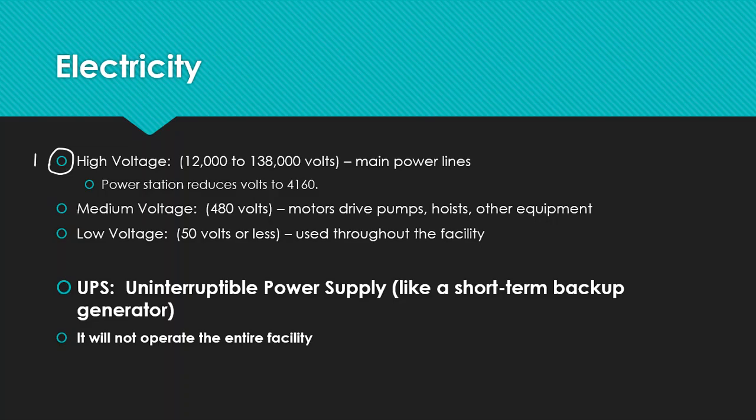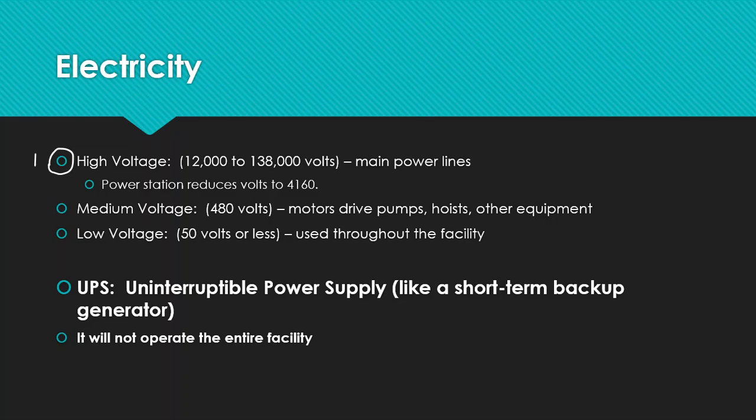This is way too much to work with safely, and this is typically what you would see with main power lines. Electricity is generated somewhere, and it has to be carried by the main power lines, at quite a hefty number of volts because it has to go to many different locations to be used.